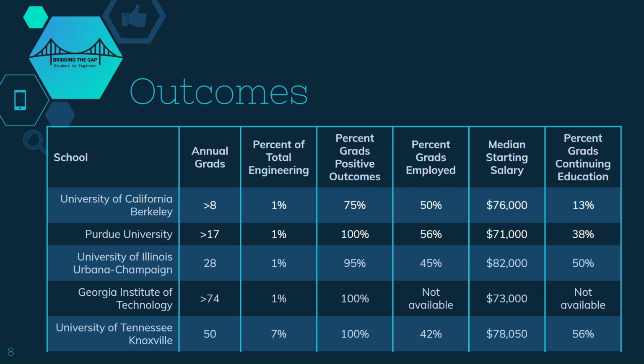Even Berkeley, 75%. That's actually higher than their average for their engineering school. And with such a small number of grads reporting, it's really just saying that 2 people out of the 8 don't have a job. They're not continuing their education. They're still looking for something to do.